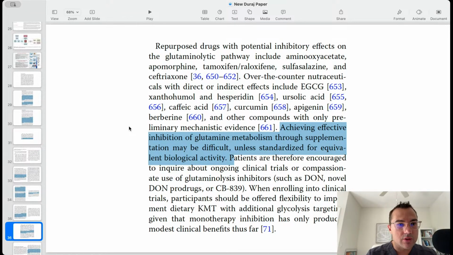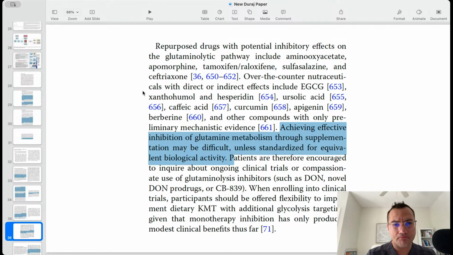Over-the-counter nutraceuticals with direct or indirect effects include EGCG, xanthohumol, hesperidin, ursolic acid, caffeic acid, curcumin, apigenin, berberine, and other compounds with only preliminary mechanistic evidence. So obviously, we've had a whole micro series, it's almost a macro series at this point, on glutamine inhibitors, and there's obviously dozens more than these.